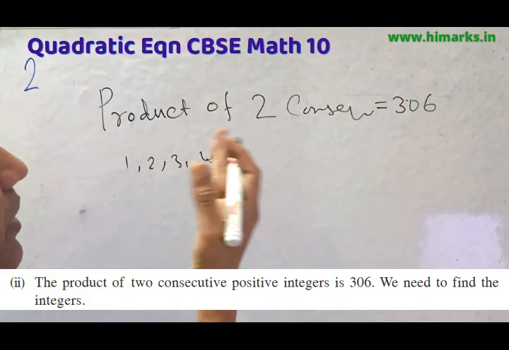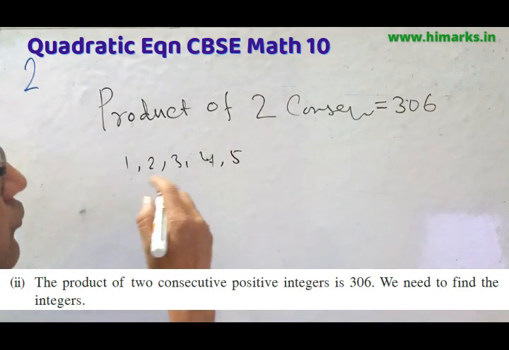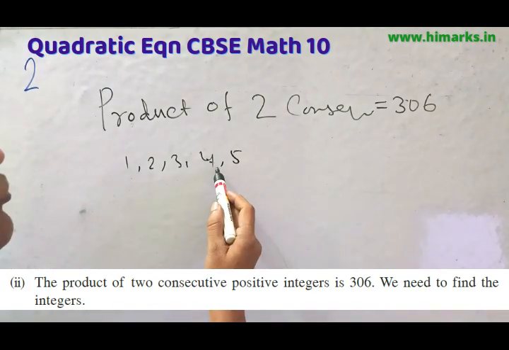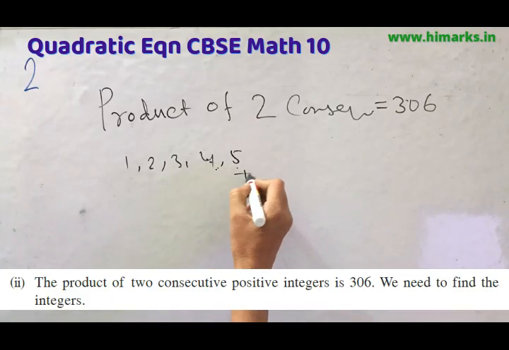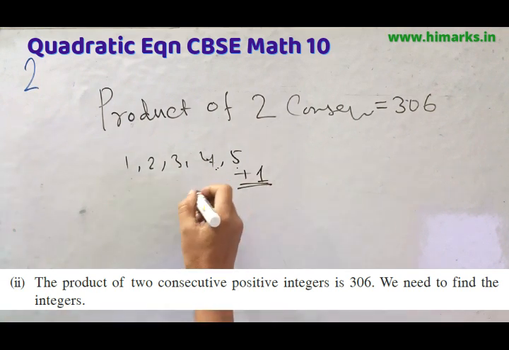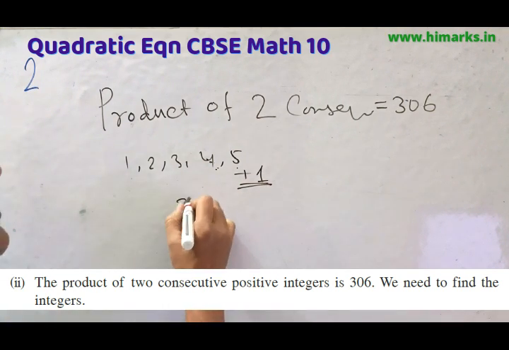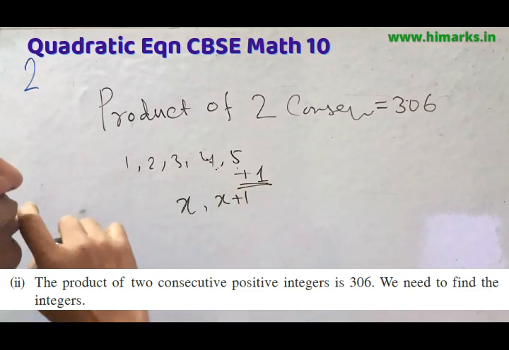That means the next number. So what is the relation between two consecutive numbers? One number is one more than the previous one. This you have to understand. That means if a number is x, the next number will be x plus 1. This is the relation between two consecutive numbers.